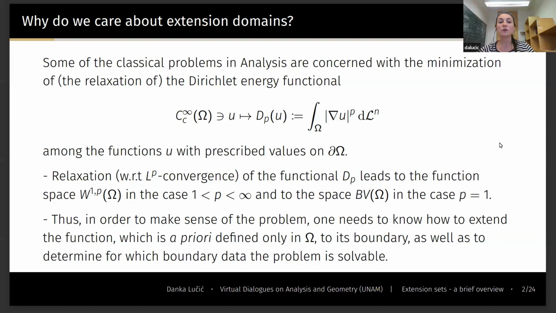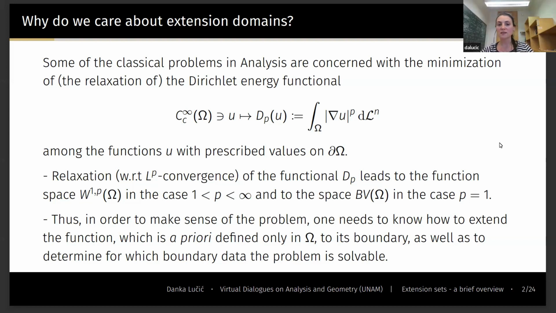Now, when we relax such a functional, we are passing from the set of smooth functions to the set of Sobolev functions, or BV functions in the case in which p is equal to 1, which are not so regular, and it is difficult to say what is the value of such functions at the boundary.